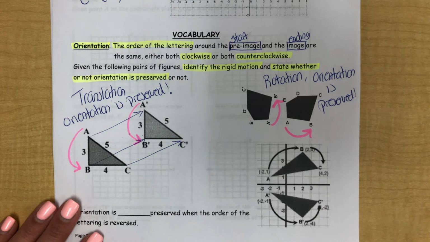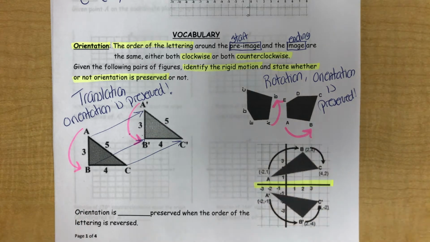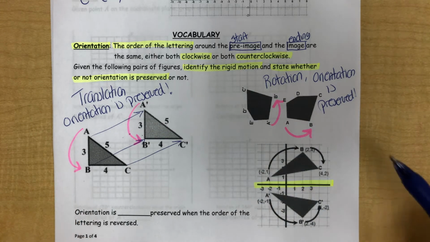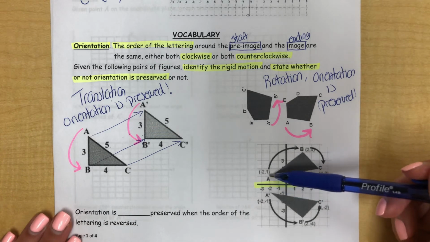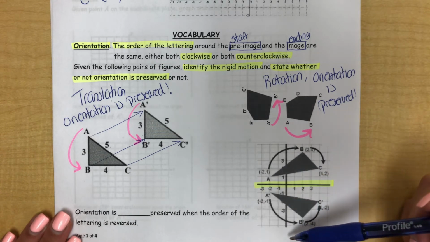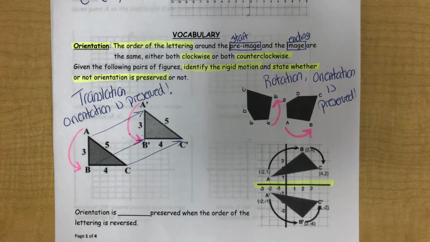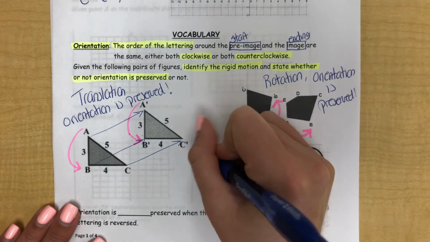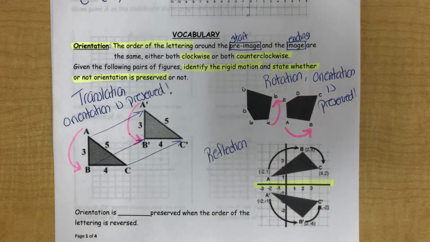So I can see that this is a reflection, and I can tell that it's actually a reflection over the x-axis. Okay, this is getting just to be a little bit more detailed, but it would be up 1 for A, down 1 for A prime. Up 4 for B, down 4 for B prime. Okay, so this is a reflection. Let's fill that in. It's the rigid motion that we're dealing with.